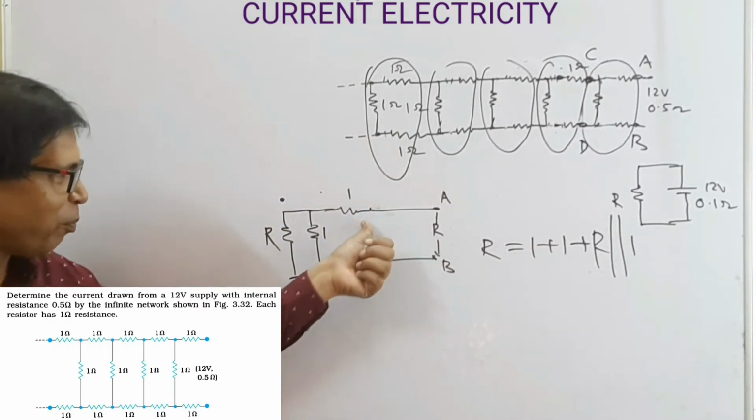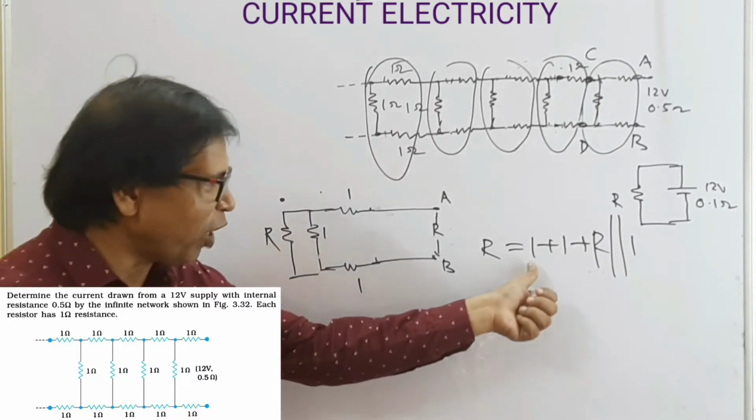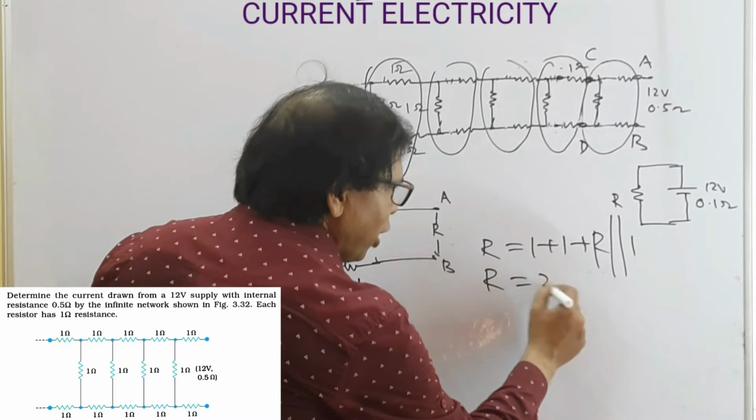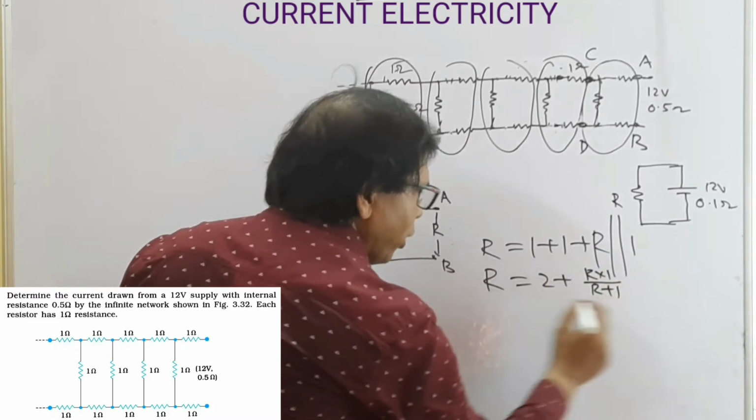Now R equal to 2 plus R into 1 divided by R plus 1.